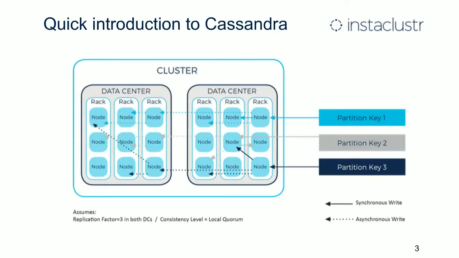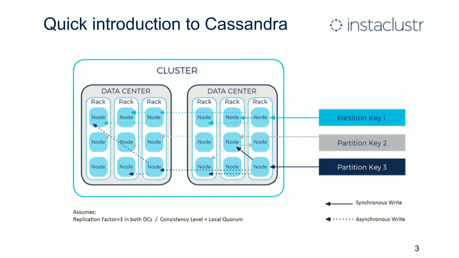So what I'd like to start off with, as a bit of a level set, is a very brief introduction to Cassandra and some of the key terminologies, so that everybody understands those things as I'm talking through them along the way. As I imagine most people would understand, Cassandra is a distributed database designed to provide extremely high levels of availability and effectively unlimited scalability, scaling out by adding nodes, adding servers to your cluster.